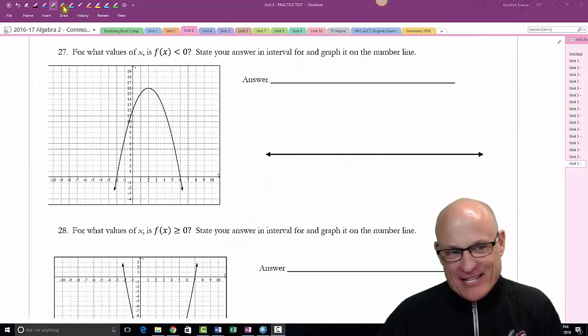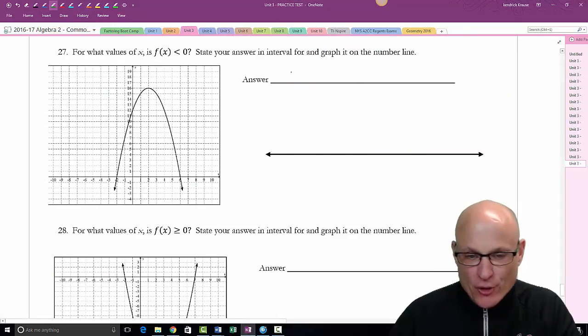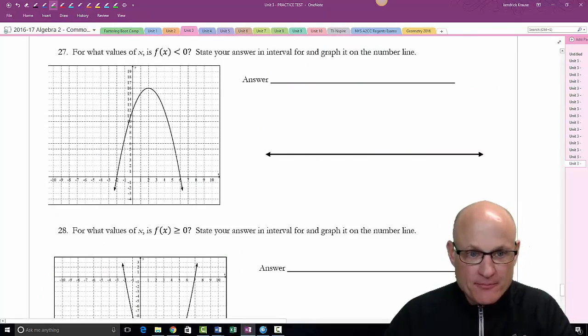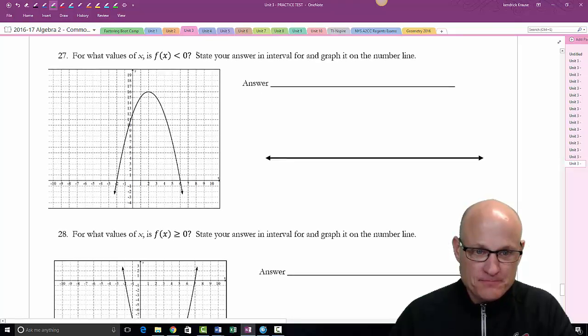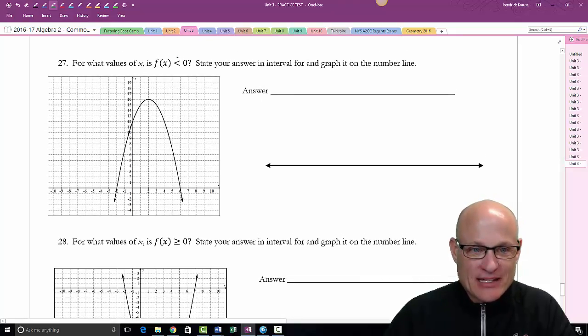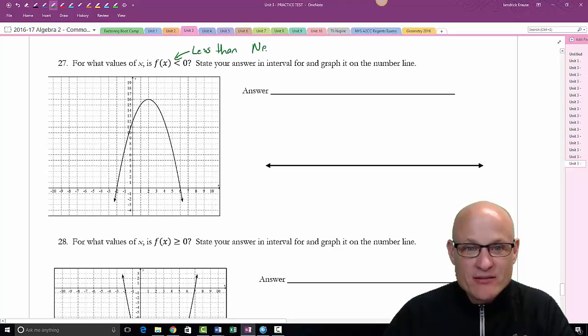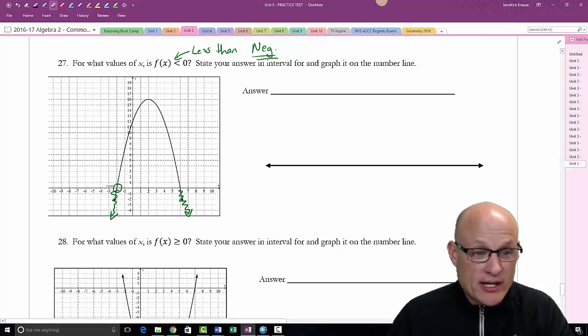All right, this page actually is going to take about 2 minutes to do the whole page. We'll get this done. This says to me, when is f of x less than 0? Well, less than 0 means negative. Graphically, it means below the x-axis. So when is this function below the x-axis? Starting here and going in this direction, it will be below.